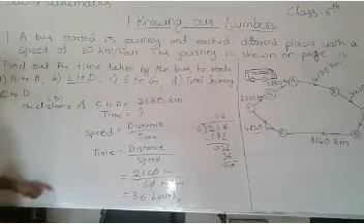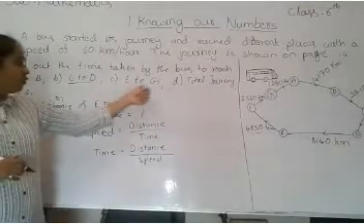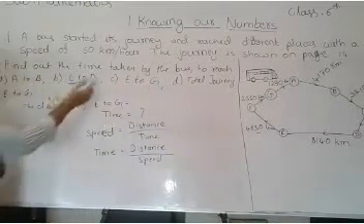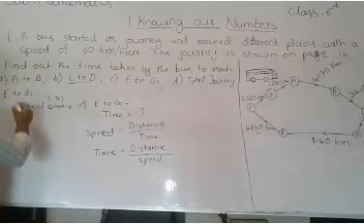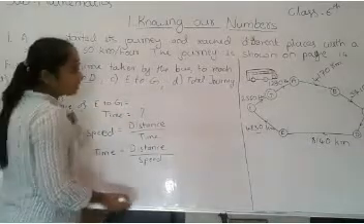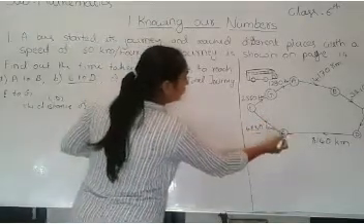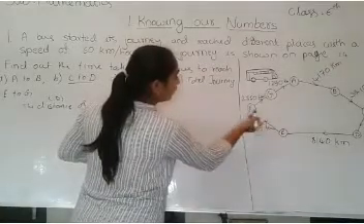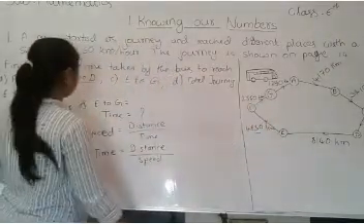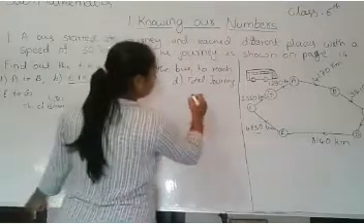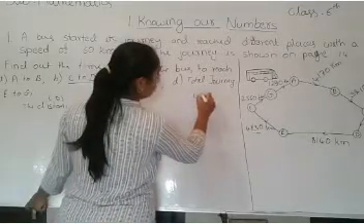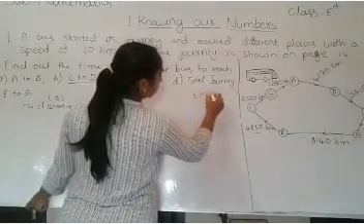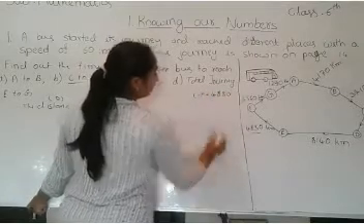Students, next we have to find out the value of E to G. The distance of E to G is how much? E to G means we have to add E to F and F to G first. See here, E to F equals 4830.